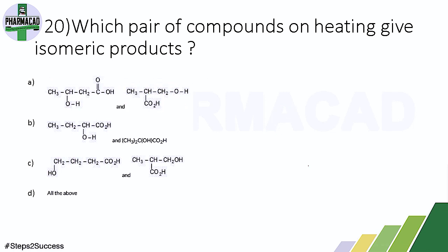Next we will see this one. On heating, the OH from this carbon and hydrogen from this carbon are removed, and we will get CH3, CH double bond CH, CO2H.